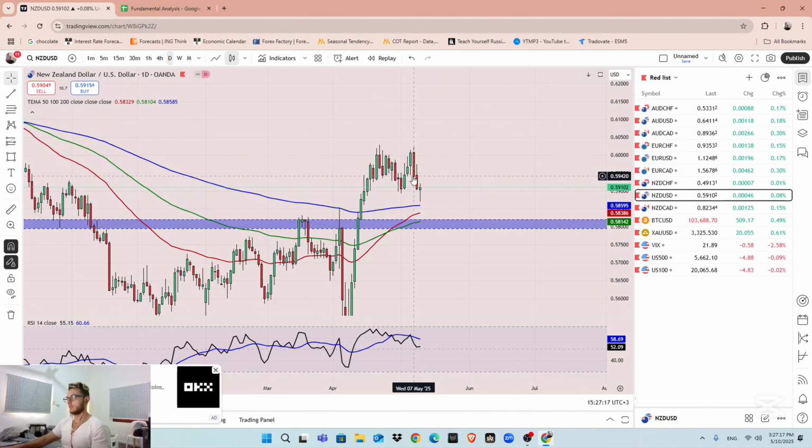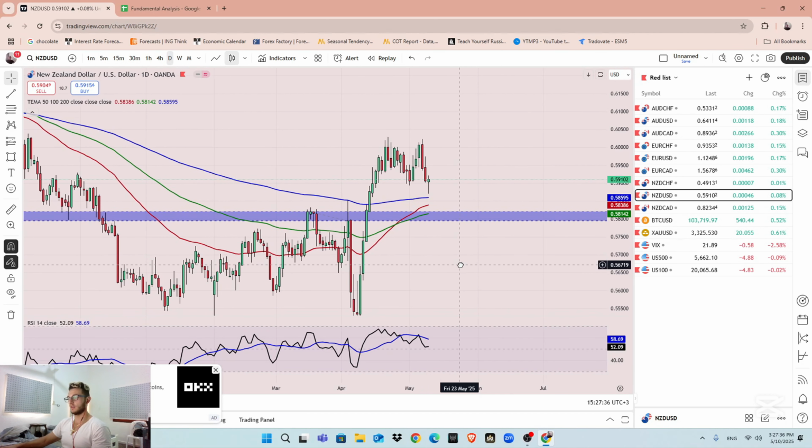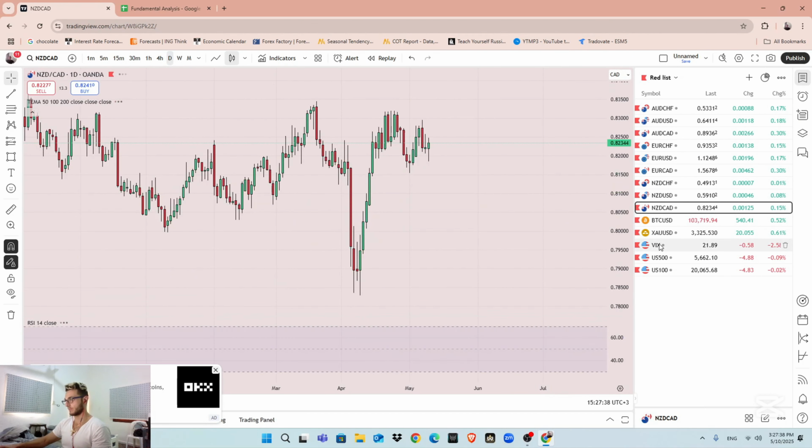The area we are at right now, 0.59, I don't think is a good area to buy from. I will be waiting for some retracement, and I have a lot of opportunities in the market, so I don't need to be taking trades that are not high probability.